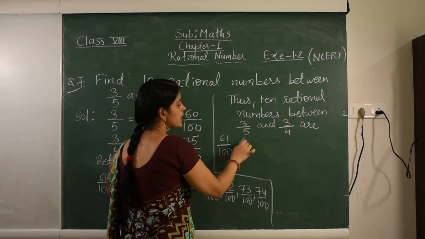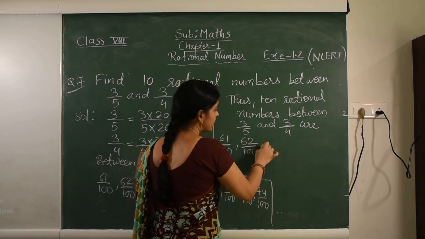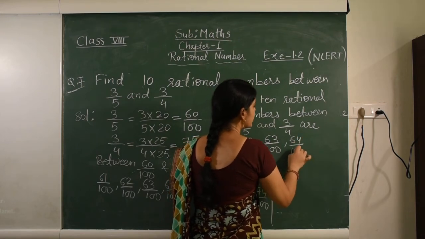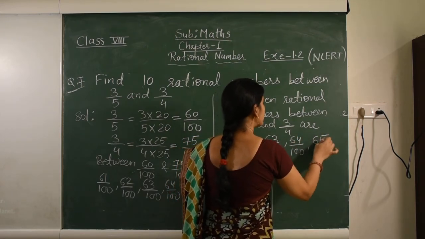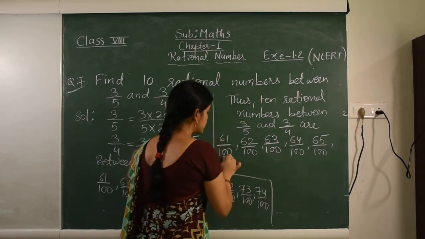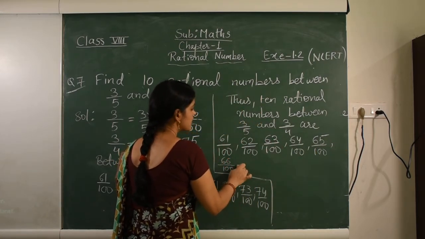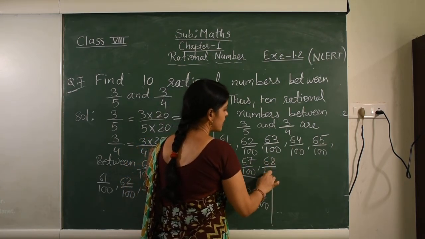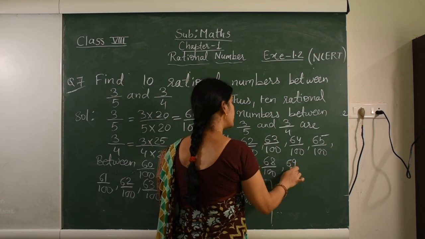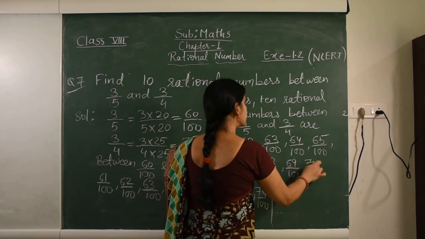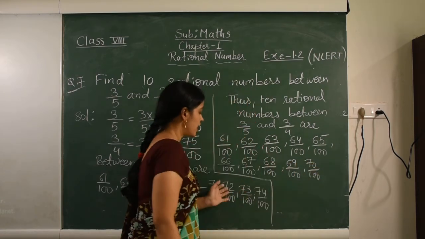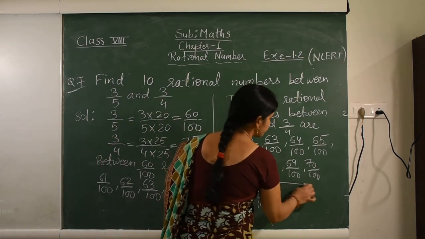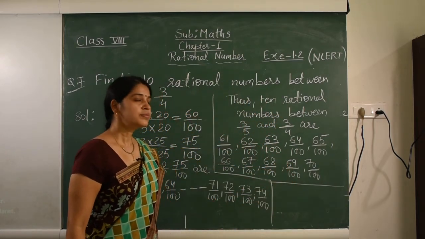So 61 upon 100, 62 upon 100, 63 upon 100, 64 upon 100, 65 upon 100, 66 upon 100, 67 upon 100, 68 upon 100, 69 upon 100 and 70 upon 100. We have many more also, but we want 10 only, so this much we have to mention here.